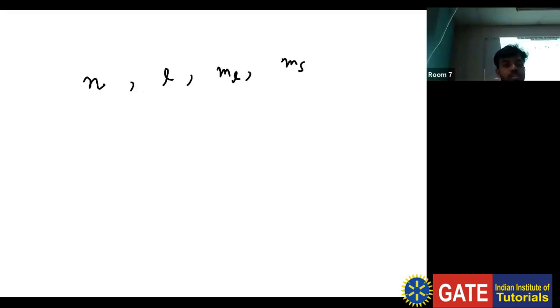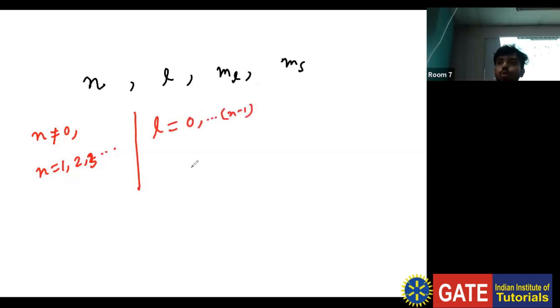What now? This is interesting. What is the n value? N cannot be 0. N always will be 1, 2, 3, up to anything. What about the L value? Zero to n minus 1.